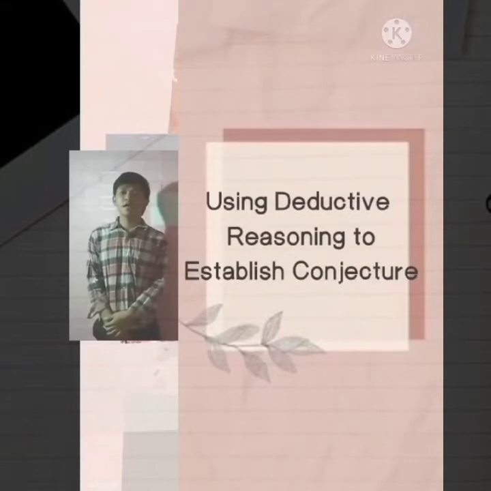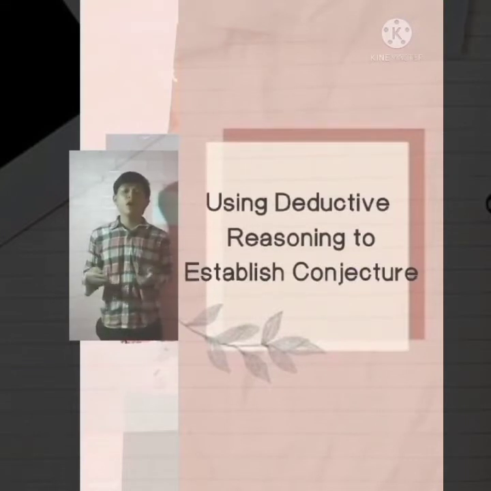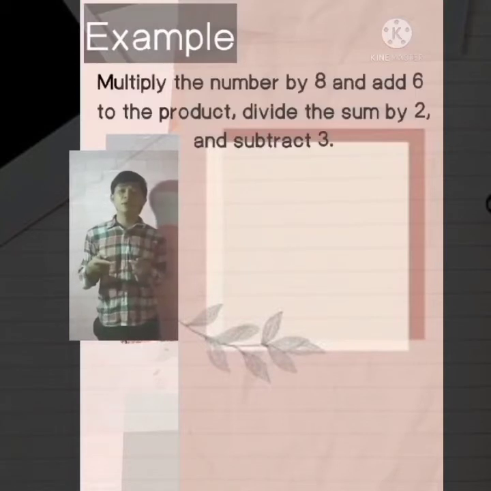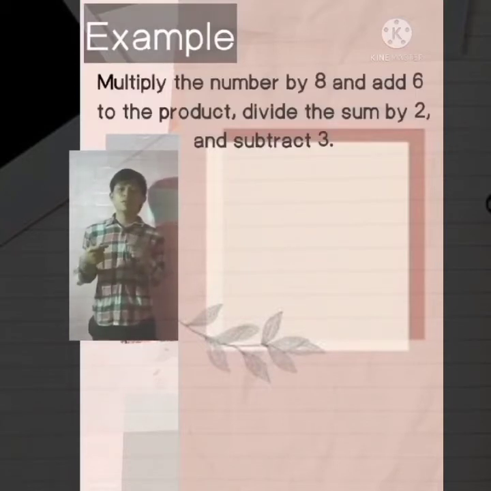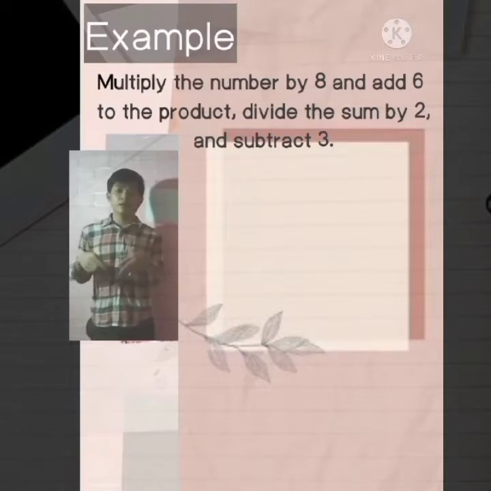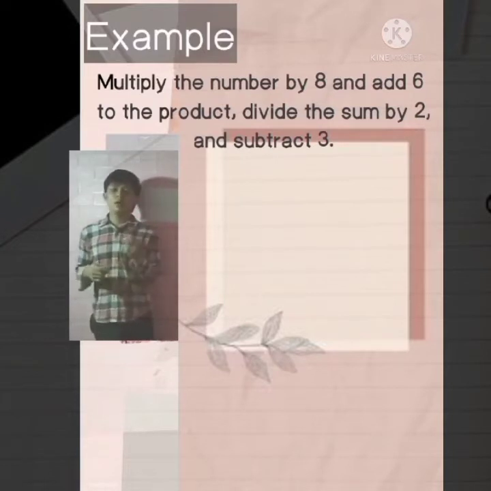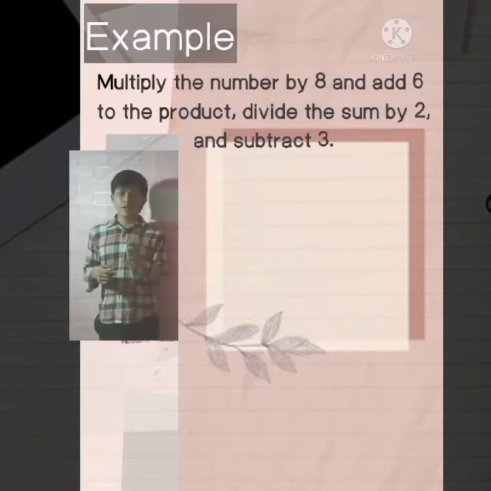We can also use deductive reasoning to establish a conjecture. For example, pick a number, multiply the number by 8, add 6 to the product, divide the sum by 2, and subtract 3. Our goal here is to find the procedure.